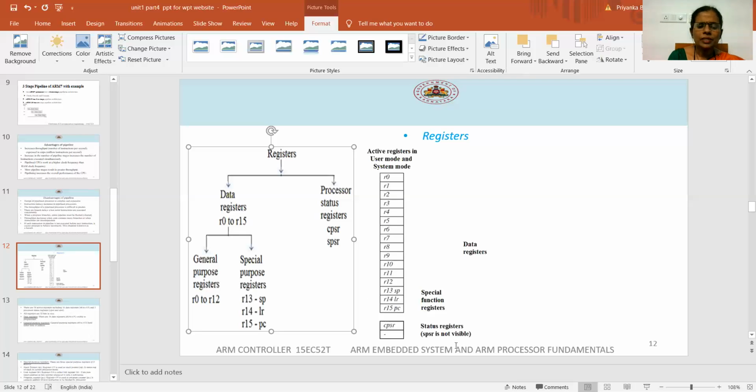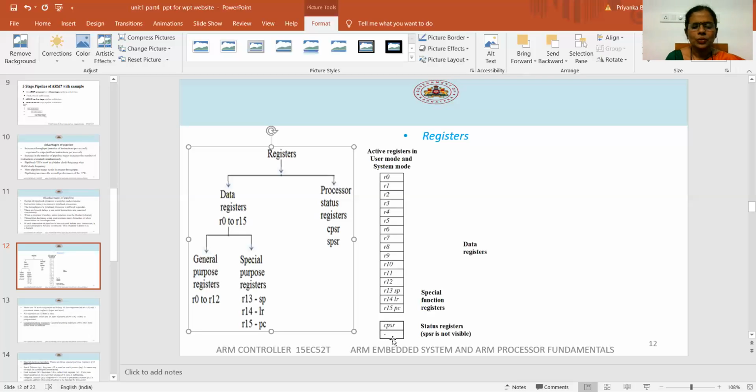And there are two more registers, status registers. They are CPSR, current program status register, and SPSR is there, but it is not visible in the diagram, so it is shown as a dashed line. So there are two processor registers, CPSR and SPSR. CPSR is visible to the user. SPSR is hidden here.